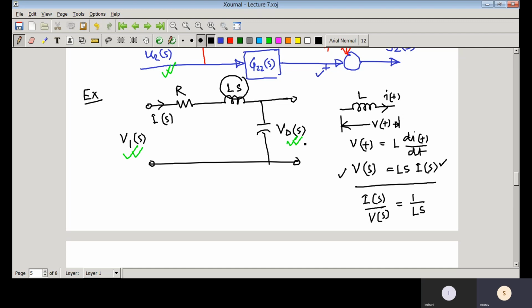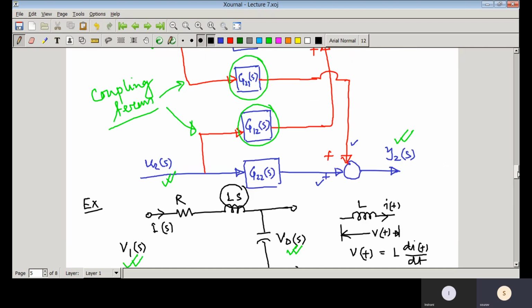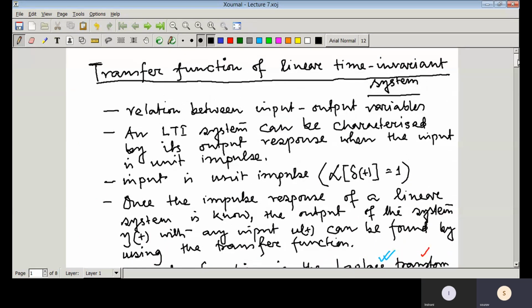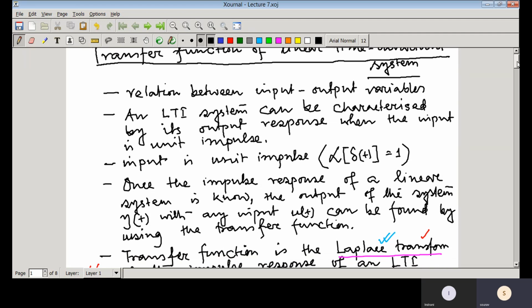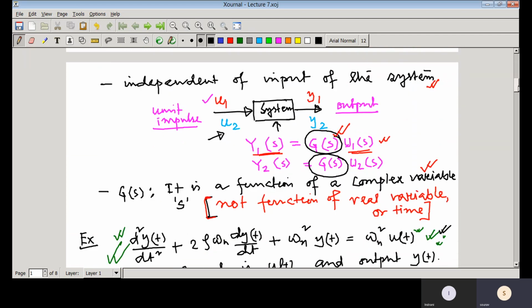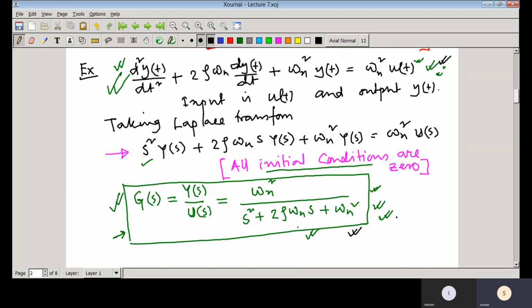This particular transfer function derivation we will be doing in the next class, so we can stop here. Today we have discussed the definition of transfer function and different aspects of transfer functions, and then we have seen a simple example.